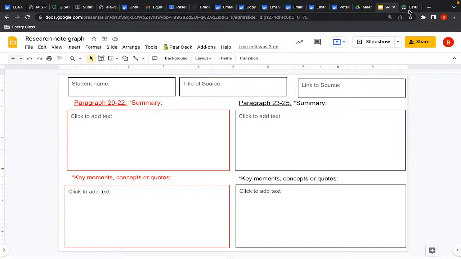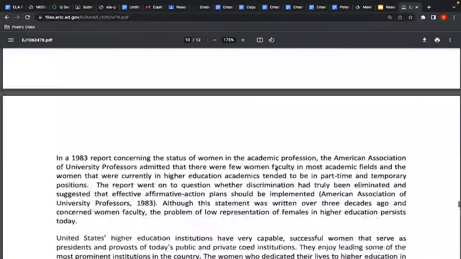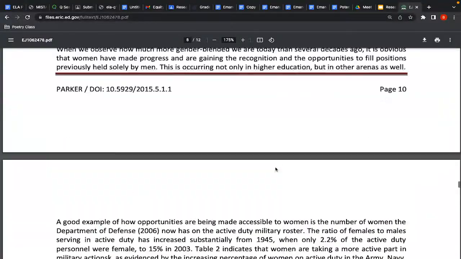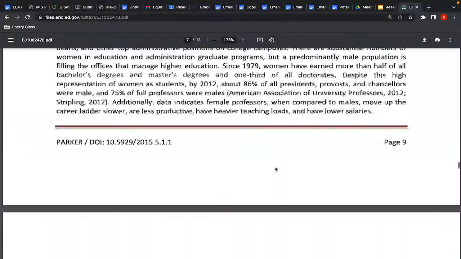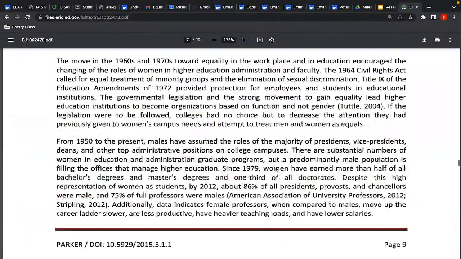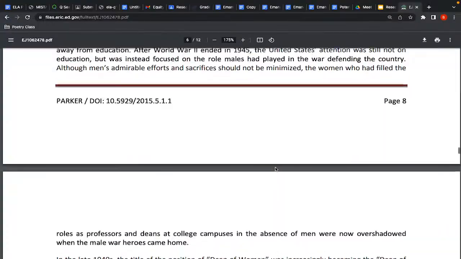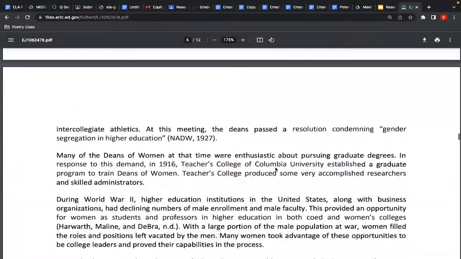It does seem like a lot, although you did notice there was a lot of text in this. And you know what? I don't hate that. To be honest, after researching this, I might have a lot of my research done for my paper. So if I find two more sources that are on level with this or almost as good as this, I could probably be done with my research.